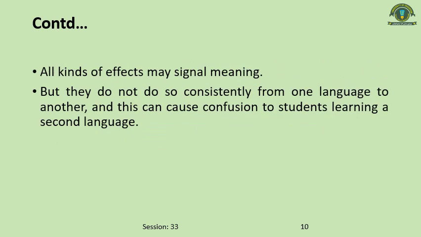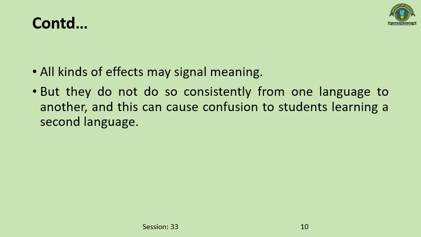So remember, all kinds of effects may signal meaning. That's the very important thing. They signal meaning. Remember, they do not do so consistently from one language to another. That's the problem.